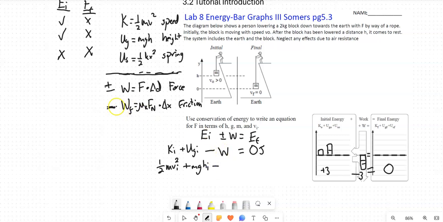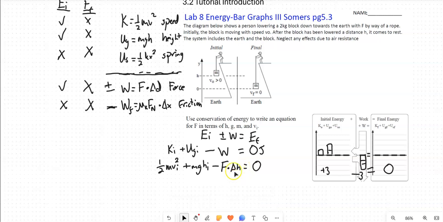This work is not a frictional work. So it does have a work here, but not due to friction and not due to this. So that is just going to be an F dot, and since it's moving in the Y direction, I'll call it a delta H in this case, is equal to 0.